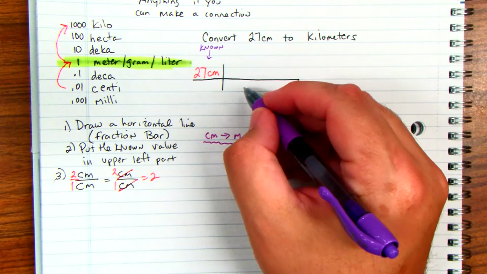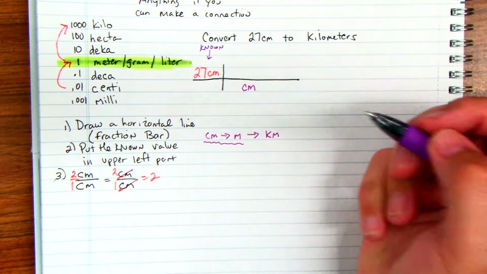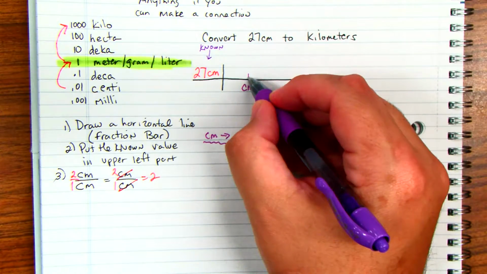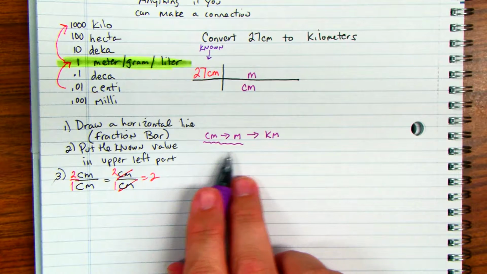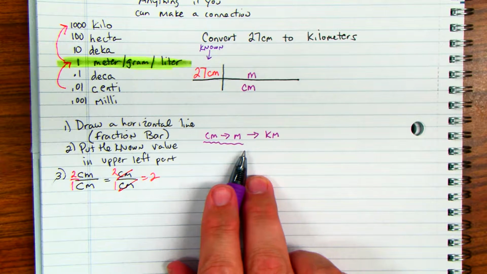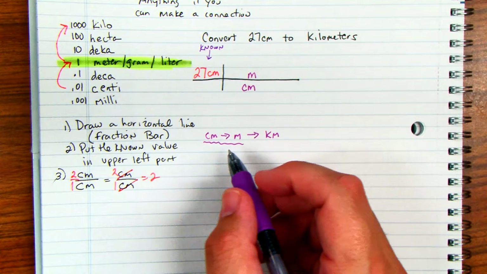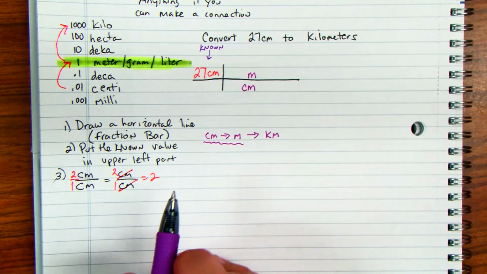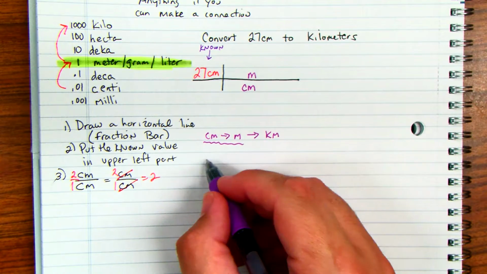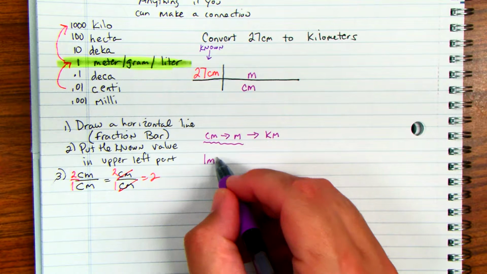So I'm going to put centimeters down here and meters up here. That's going to take care of going from centimeters to meters. Now, the easiest way to do this is to say, 1 meter has how many centimeters in it?